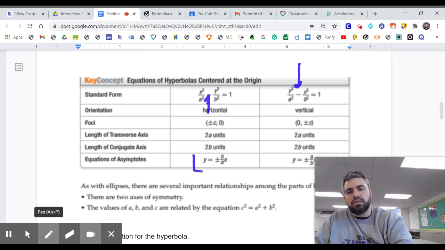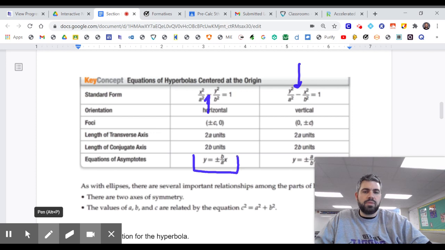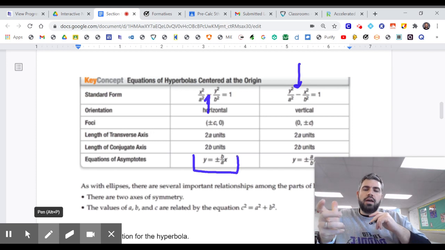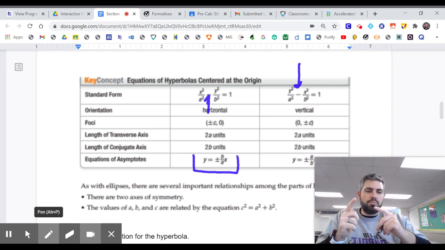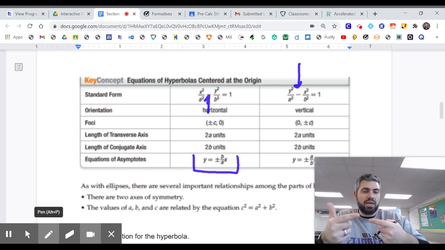Here's what's important: our asymptote equation is y equals plus or minus b over a times x. There are two of them. If they give us our asymptotes as equations, you'll notice both cross at the center, 0, 0. If we can figure out what b and a are, or they give us a slope, we can figure out b and a for our equation. That helps us out quite a bit.